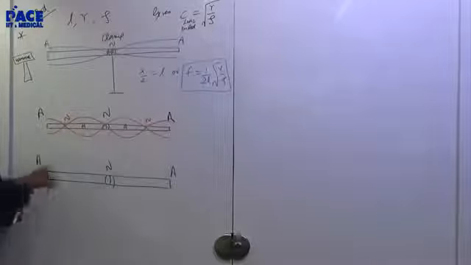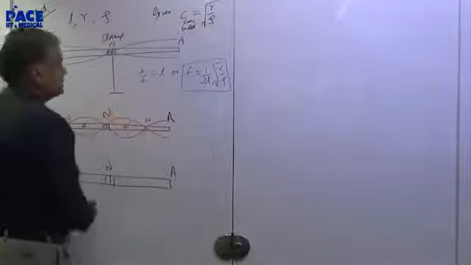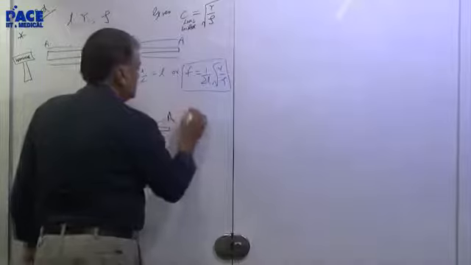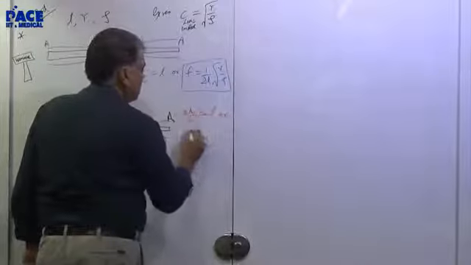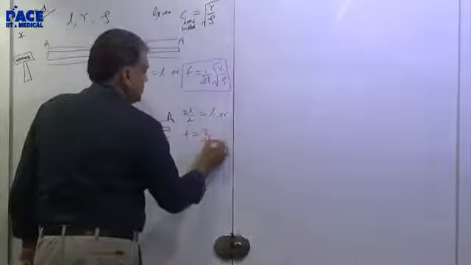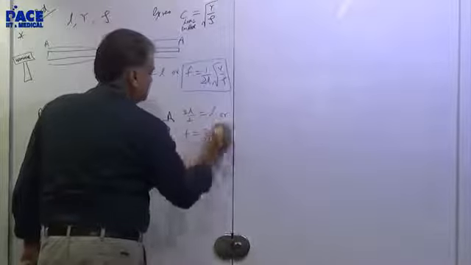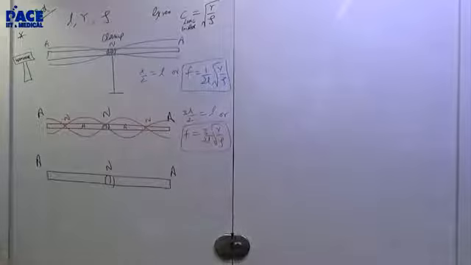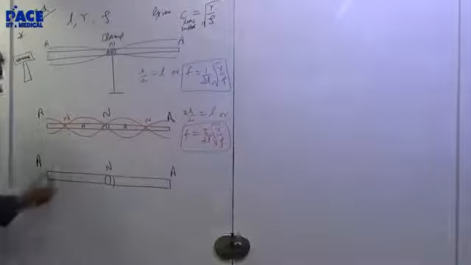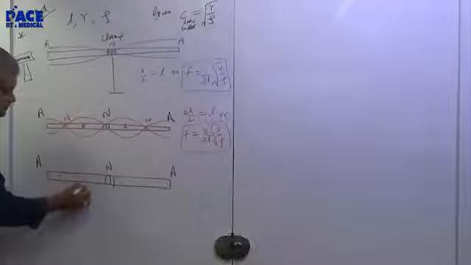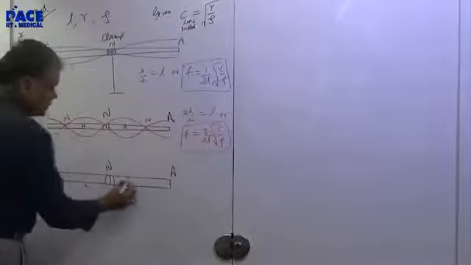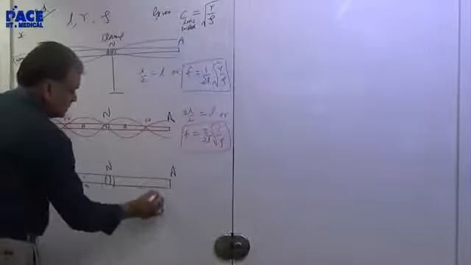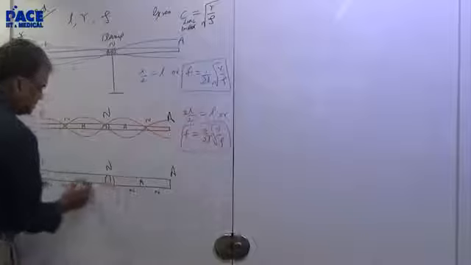So what is the gap? 1, 2, 3. 3 lambda by 2 equals L, or the frequency is 3 by 2L root Y by rho. And one more. Here there is one node, so you can add two nodes here and two nodes there, and that's the picture.